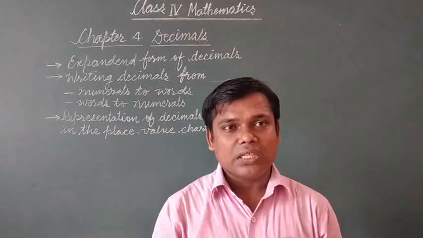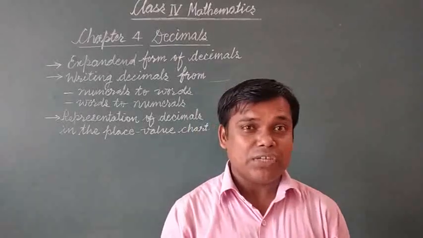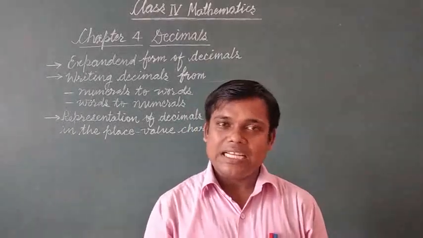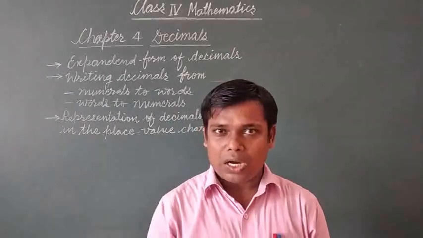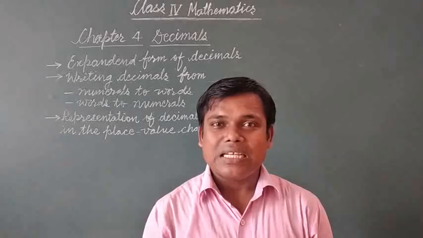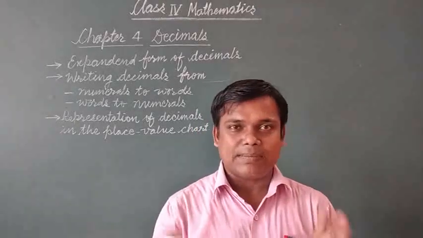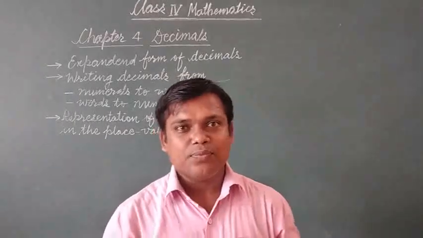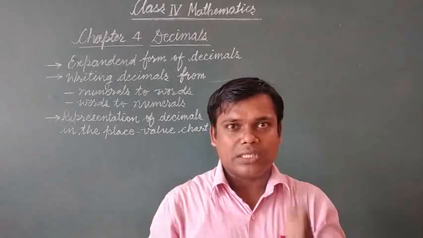Definition means the decimal number, as we have discussed. A decimal number is a number in which we have two parts, the integral part or whole part, and the decimal part or fractional part. Means in a decimal number we put a point, the decimal, in between the two parts.